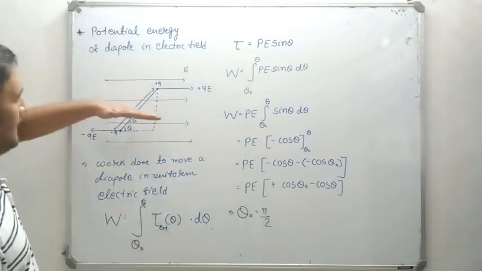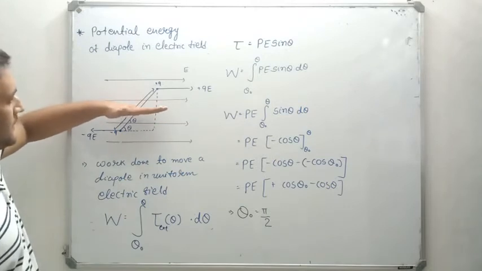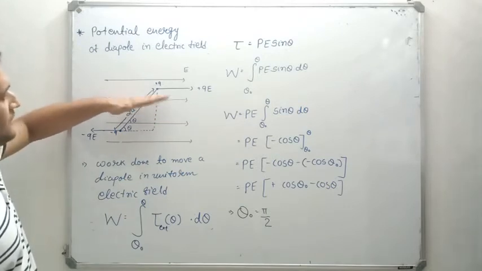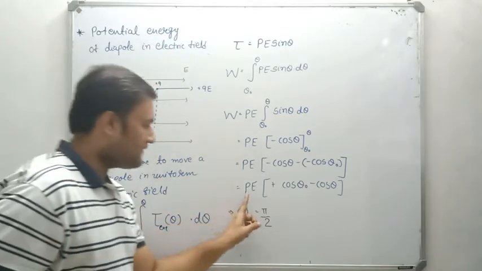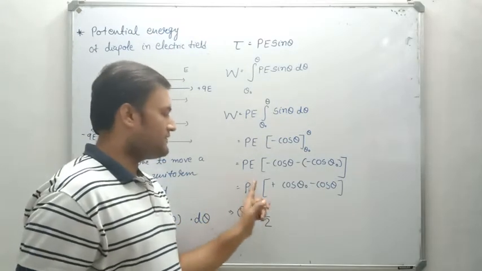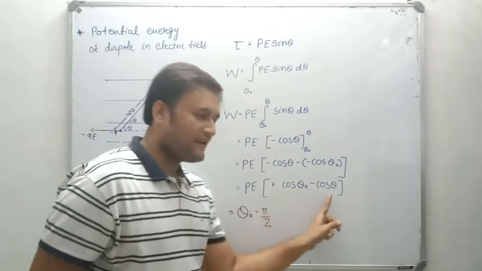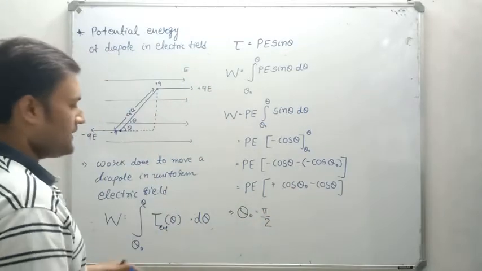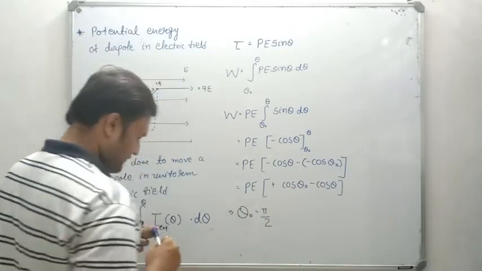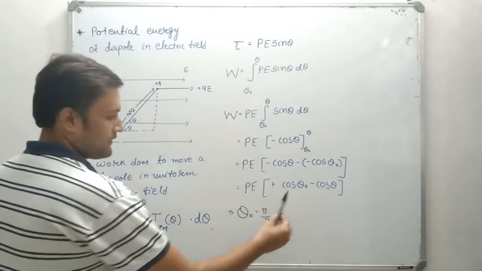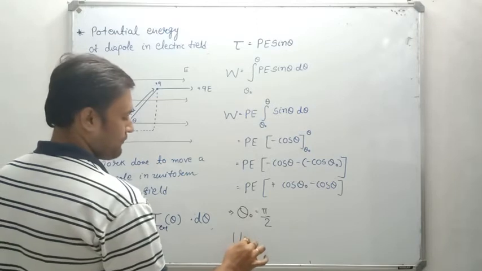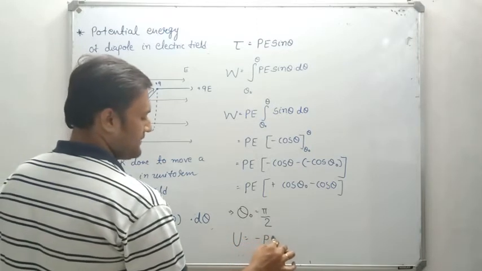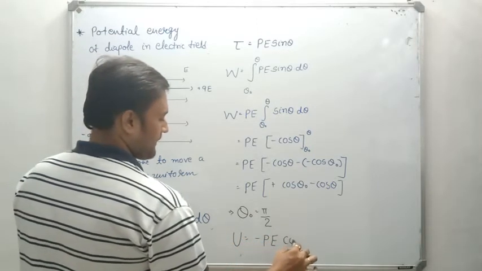Similarly, if the dipole is moved in the electric field, some work is done, and W is equal to pE times cos theta 0 minus cos theta. Here cos pi by 2 is 0, so the potential energy is equal to minus pE cos theta.